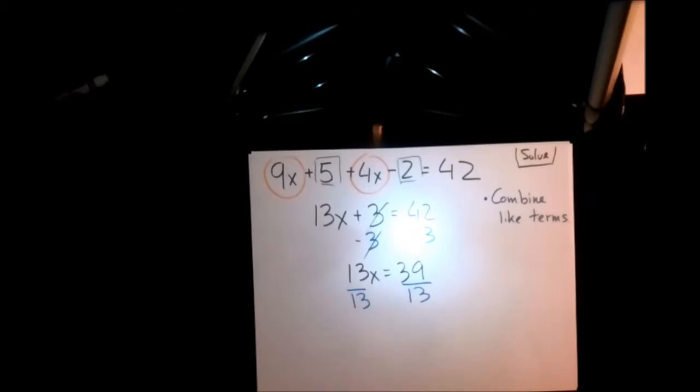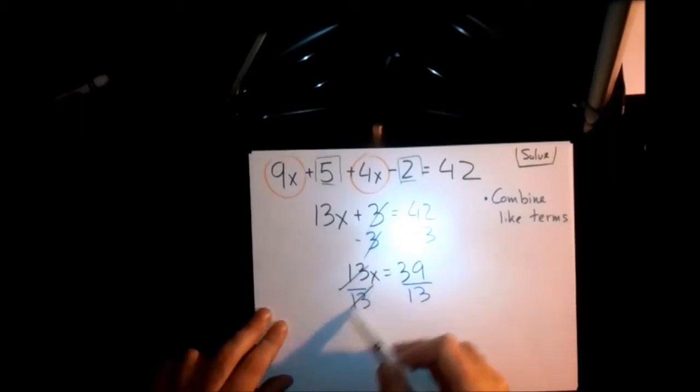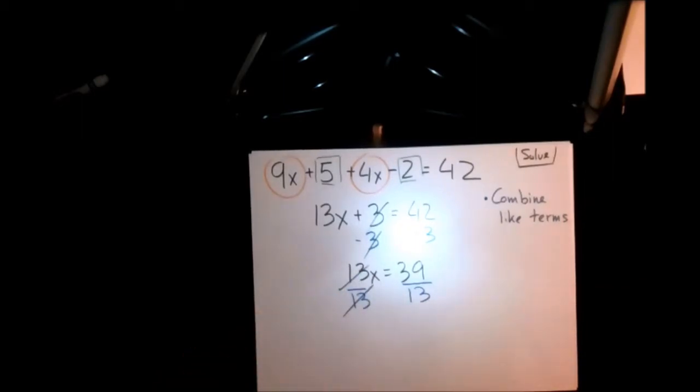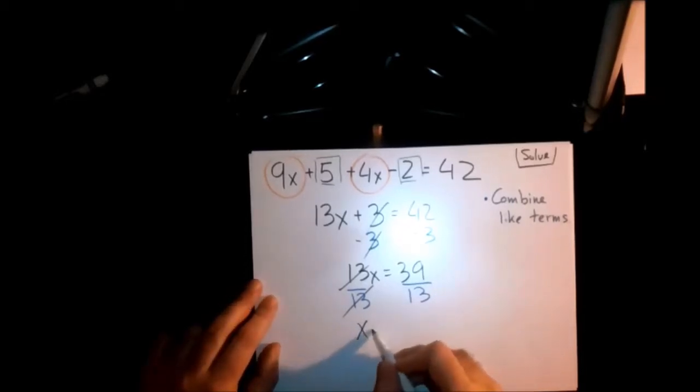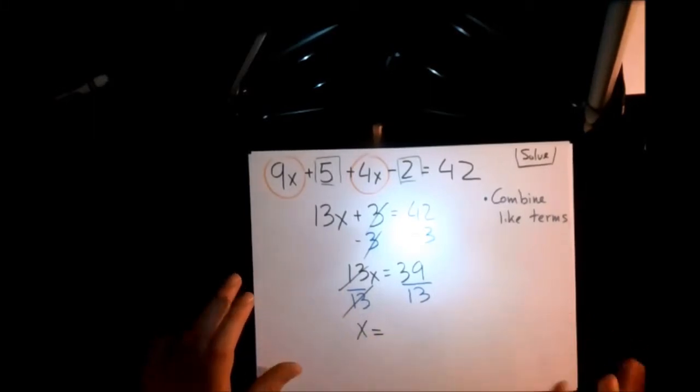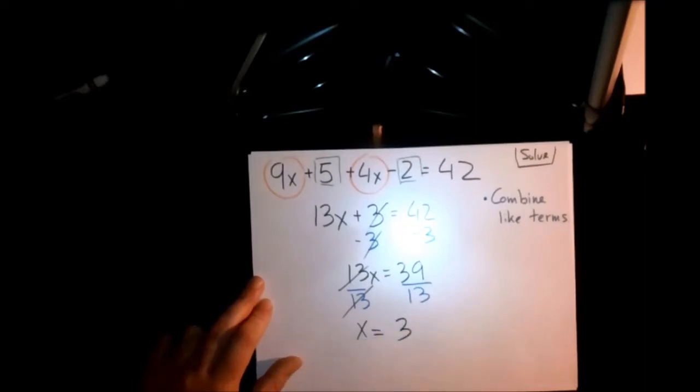And again, to both sides, of course. 13 divided by 13, that's 1. I'm going to cross them out. The 1 is still there, but 1 times x is x itself, so identity property, I don't have to worry about it. 39 divided by 13, if that's not obvious, so hopefully it is, but if not, that's just a 3. And that's it.